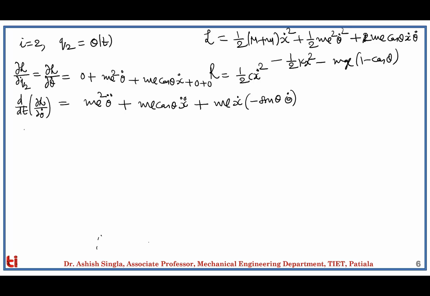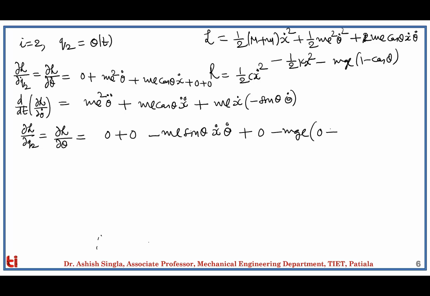Then next we have del L by del q2, which is equal to del L by del theta. First term we have 0, second term we have 0, third term depends upon theta, so that makes minus ml sin theta x dot theta dot. Fourth term is 0, and the fifth term we have minus mgl times minus, that becomes plus sin theta.